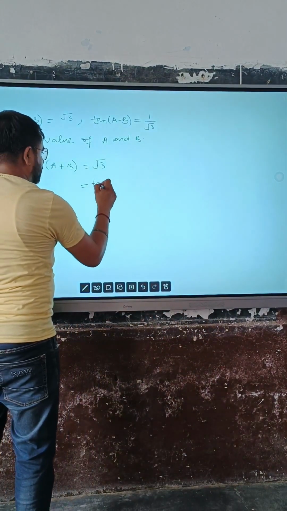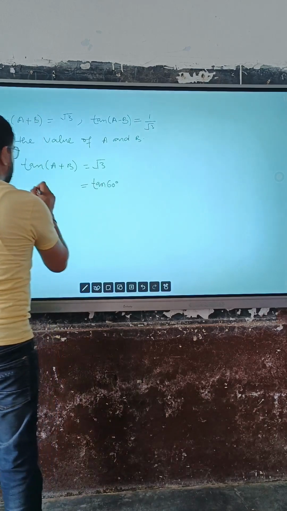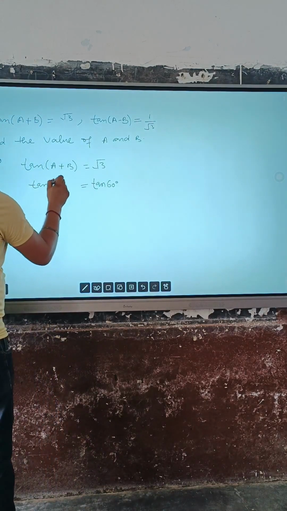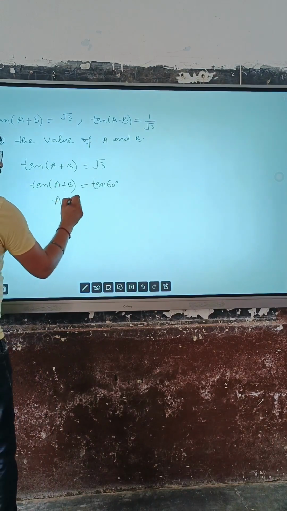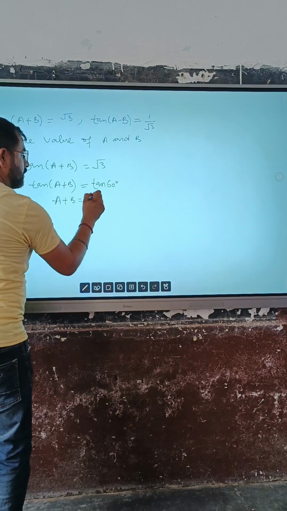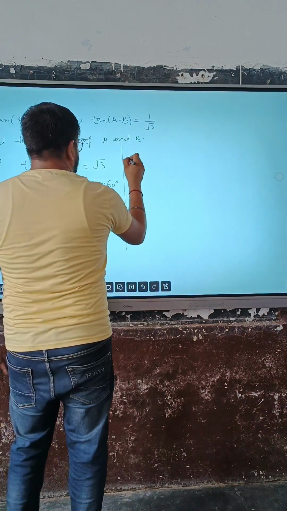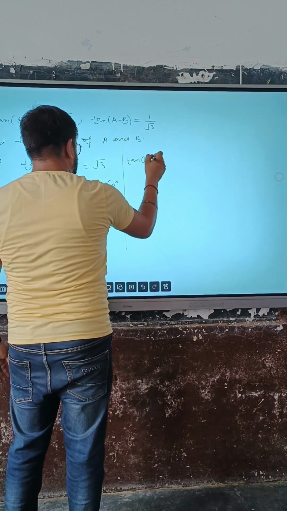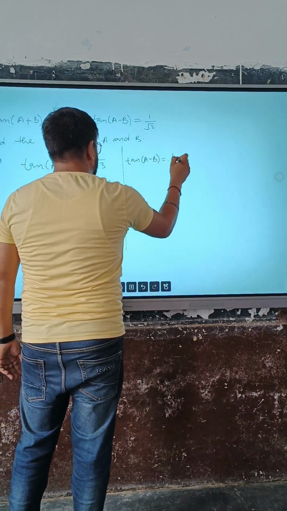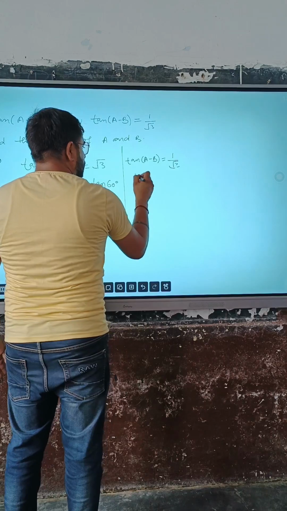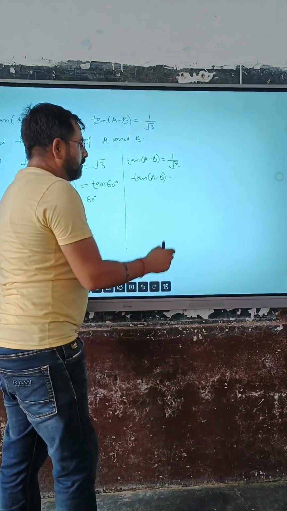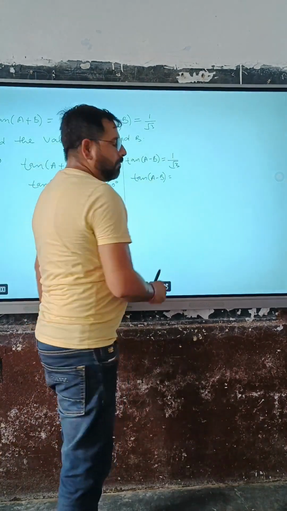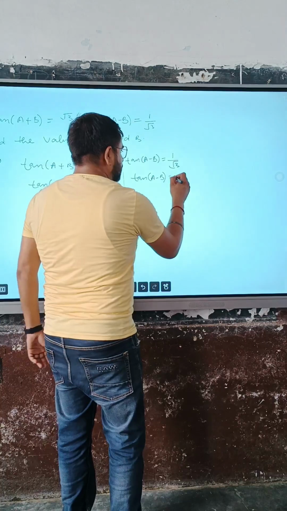So using the concept, a plus b is equal to 60 degree, and tan of a minus b is equal to 1 by root 3, which is the value of tan 30 degree.